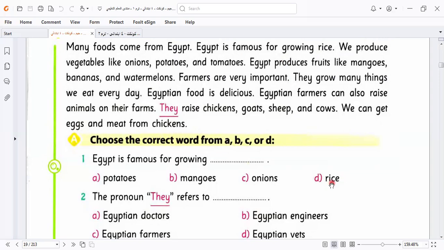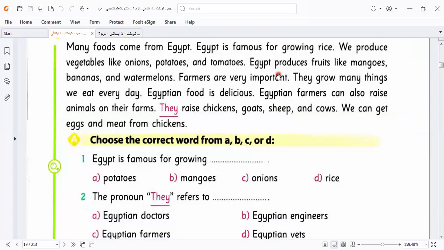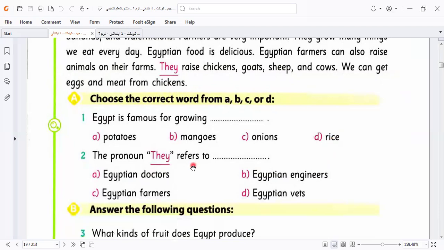Okay, here we have potatoes and maybe yes, we say produce, but when we say famous for growing things, I mean one crop only, like here, rice. The pronoun they refers to what? Egyptian doctors, Egyptian farmers, Egyptian engineers, Egyptian vets.